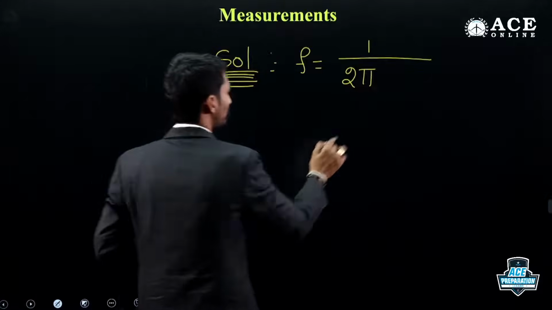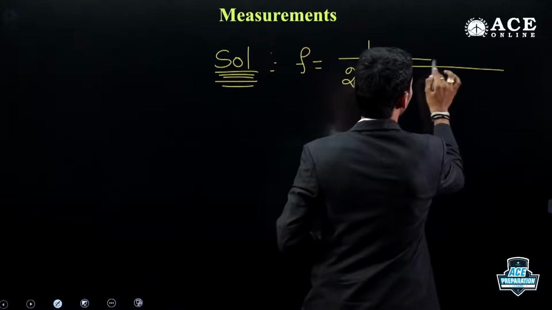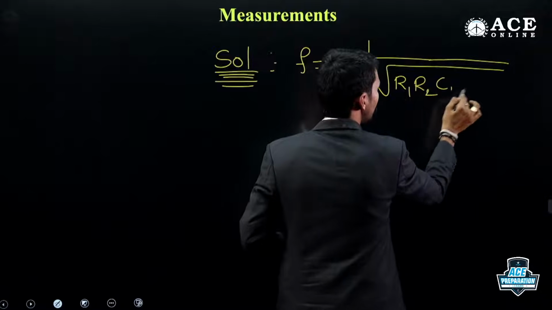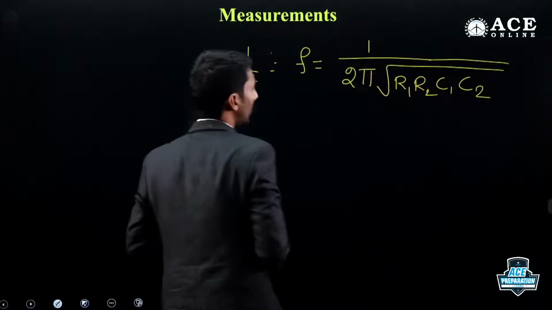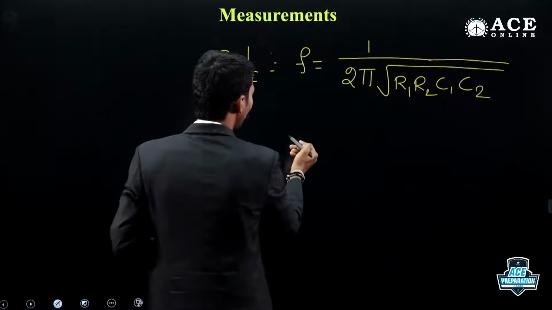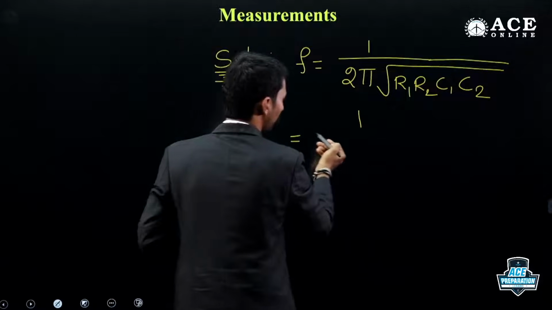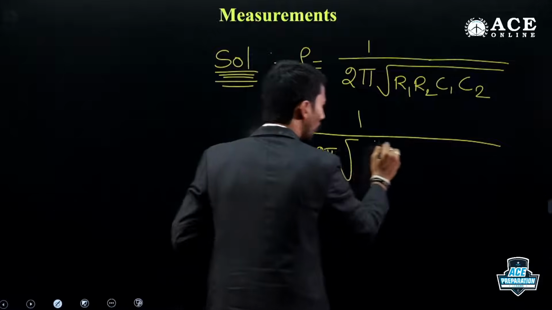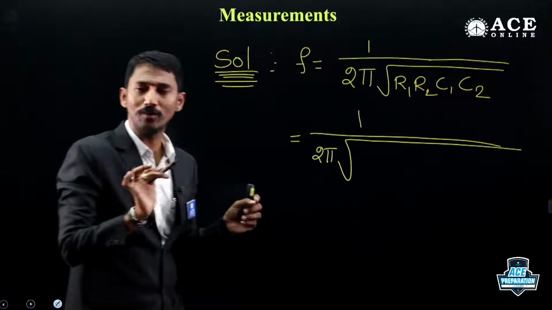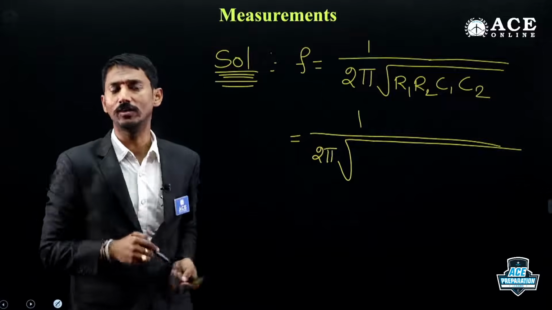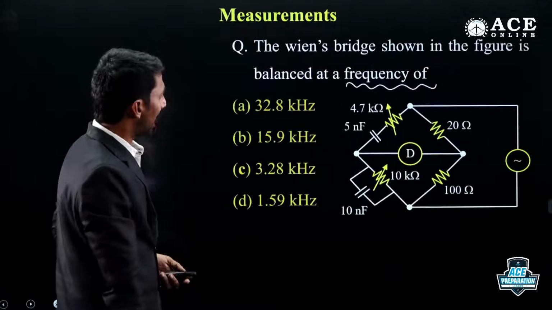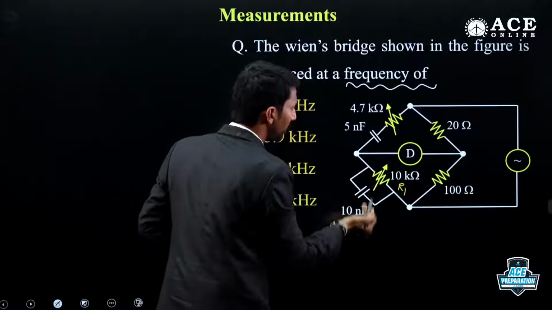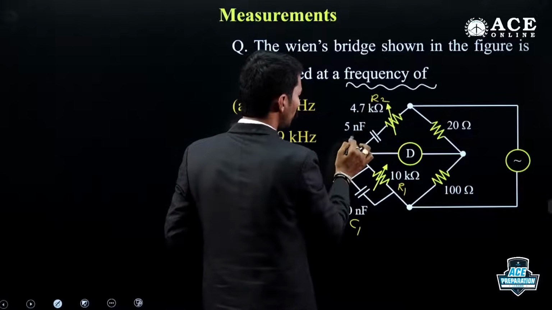What is that? Root of R1, R2, C1, C2. R1, R2, C1, C2. Sir, what is the corresponding thing? 1 by 2 pi. Only the thing is, I told you, calculation part. If you are able to recollect the formula, it is just calculation. In this, you take this as R1, this as C1, this as R2, this as C2.